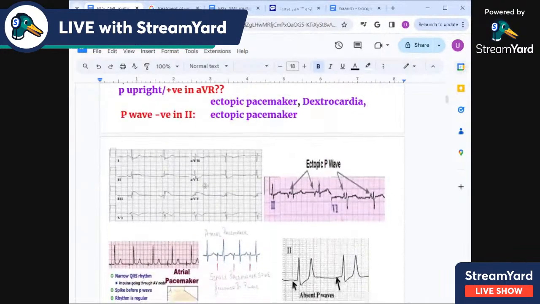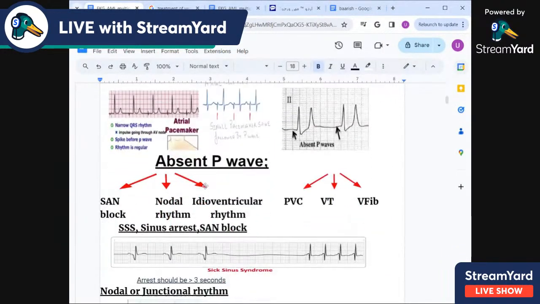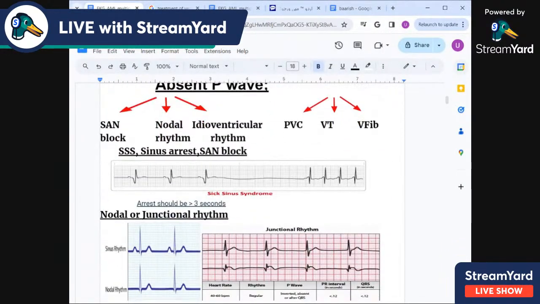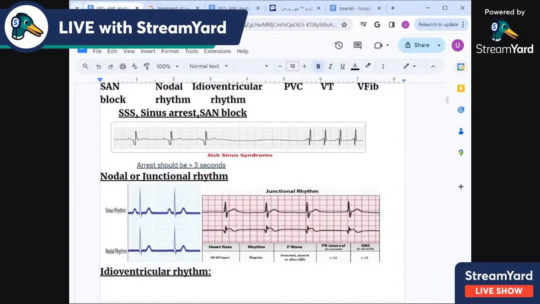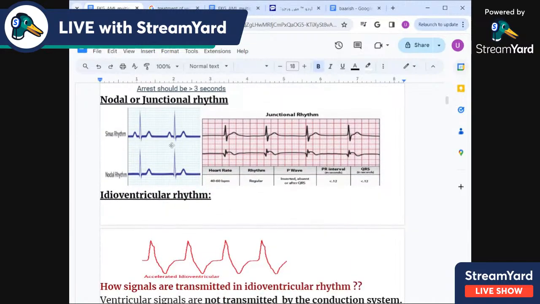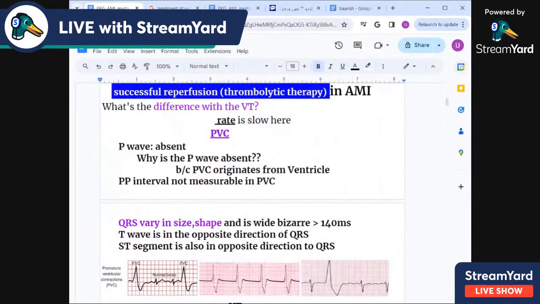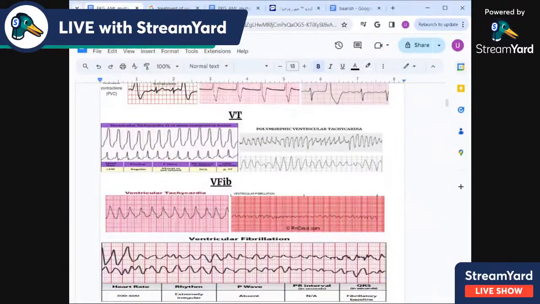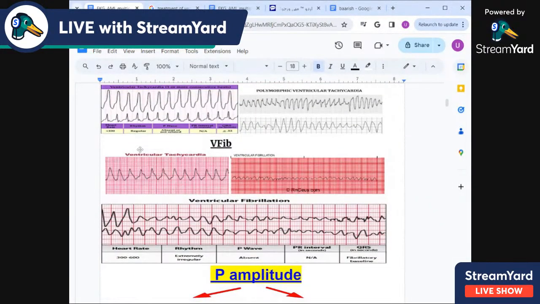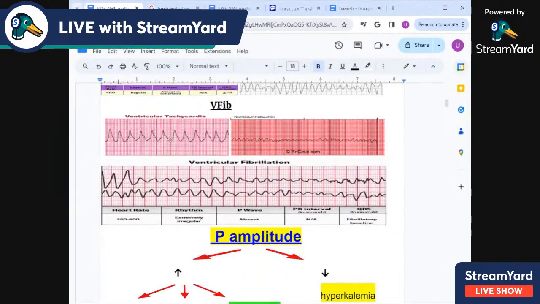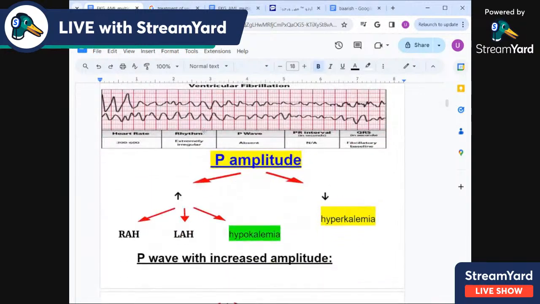We discussed the normal P wave in different EKGs and the absent P wave in triple S syndrome, nodal rhythm, idioventricular rhythm, PVCs, VTAC, and ventricular fibrillation. We did PVC and VTAC, two types, monomorphic and polymorphic, then ventricular fibrillation with fibrillary QRS.